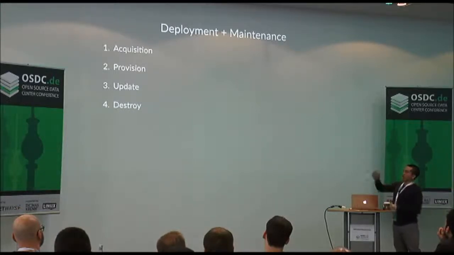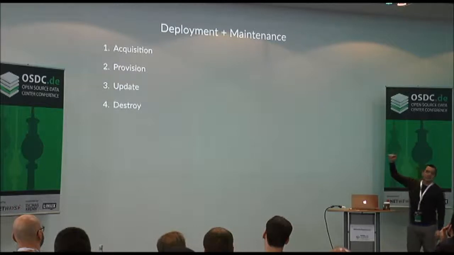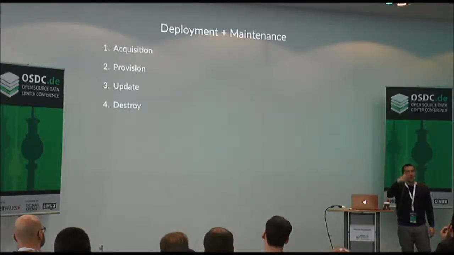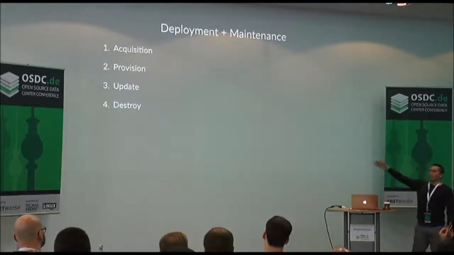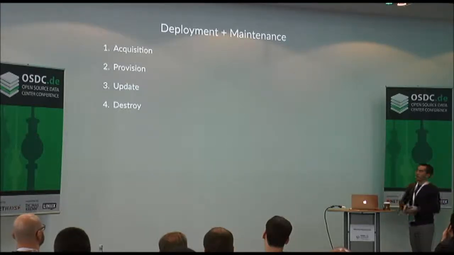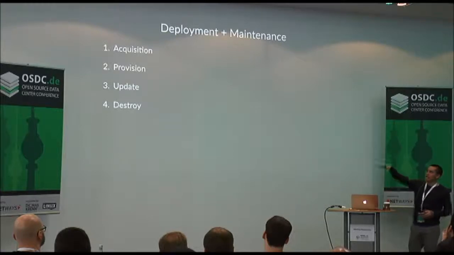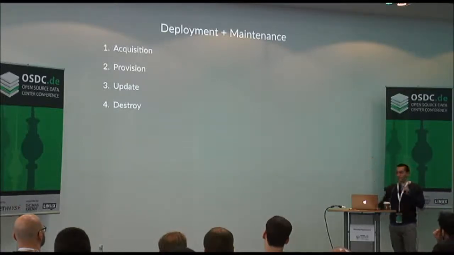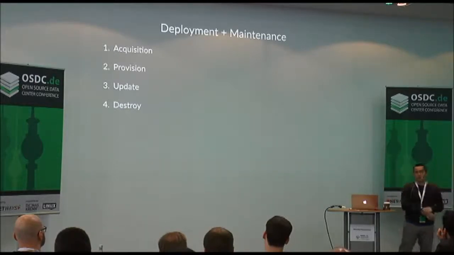Normally, it does acquisition, which is relatively slow, provision, which is a little bit faster, and then update and provision spin in this hot loop for years, and then you decommission it at some point. If you read about immutable infrastructure, it's this without any loops in it. You just go through, skip step 3, and you destroy, and then you go around the whole thing. But this is the most general view of deployment and maintenance.